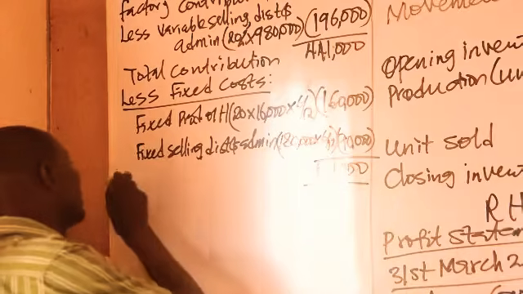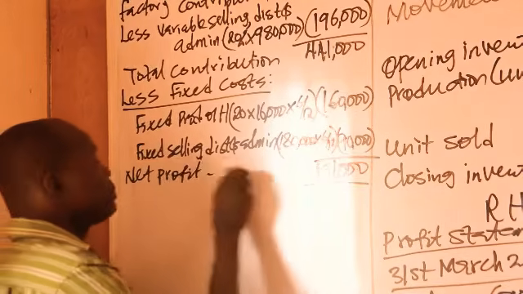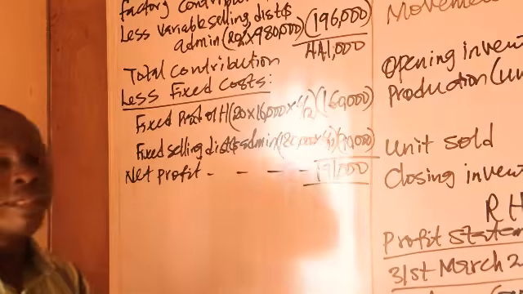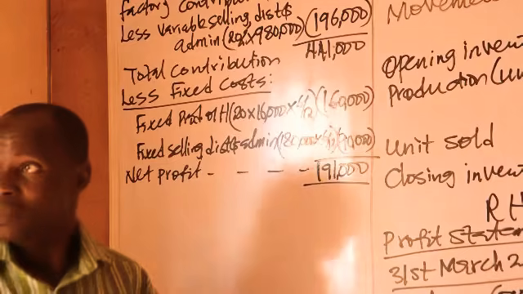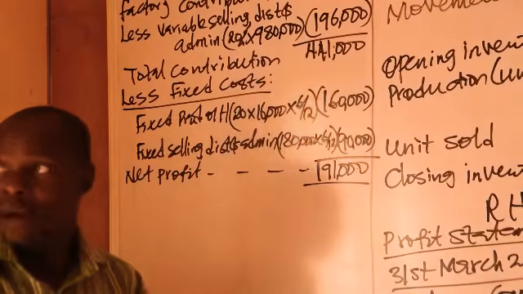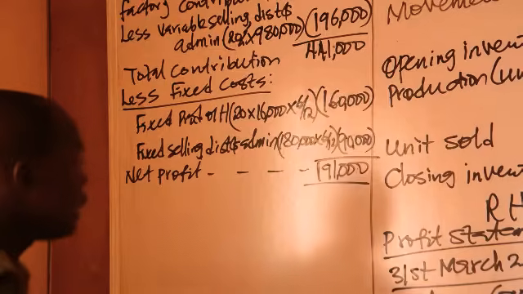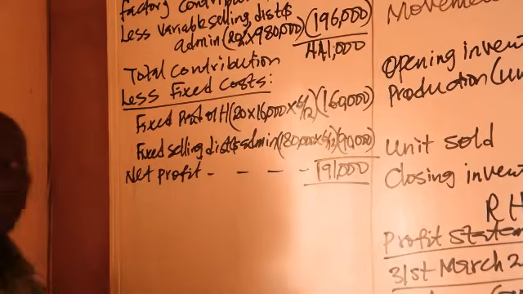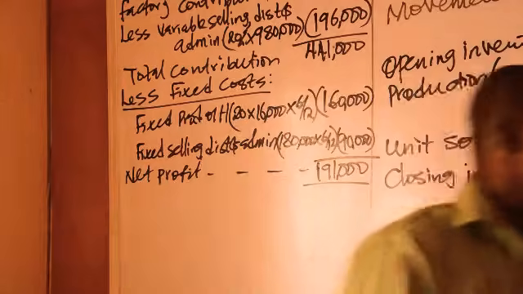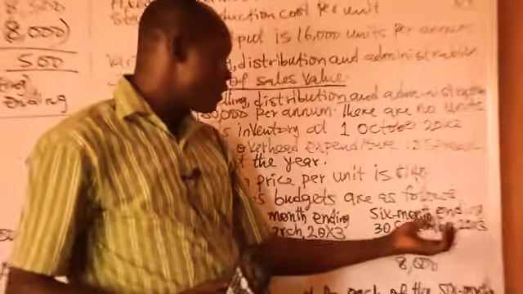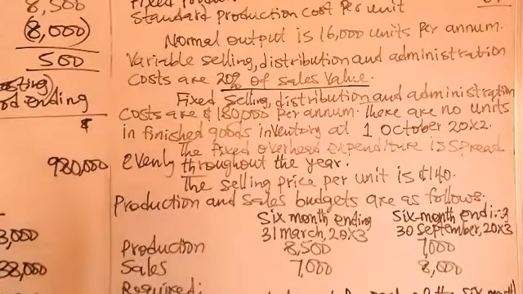That 191,000 is the net profit for the 6 months ending 31st March 20x3. Then you also want to prepare the profit statement for the 6 months ending 30th September 20x3.